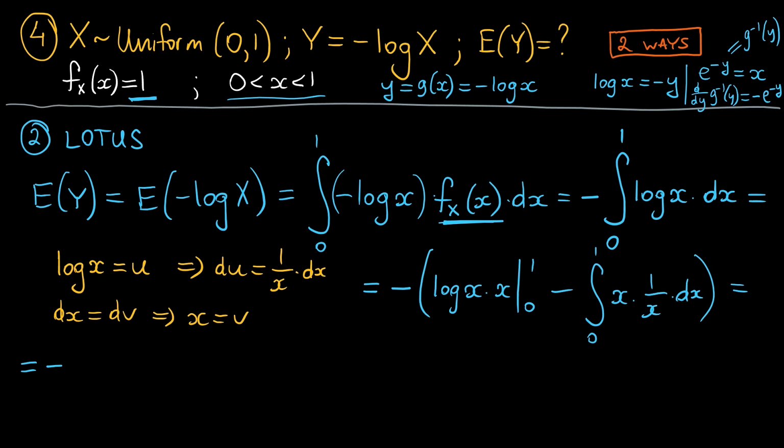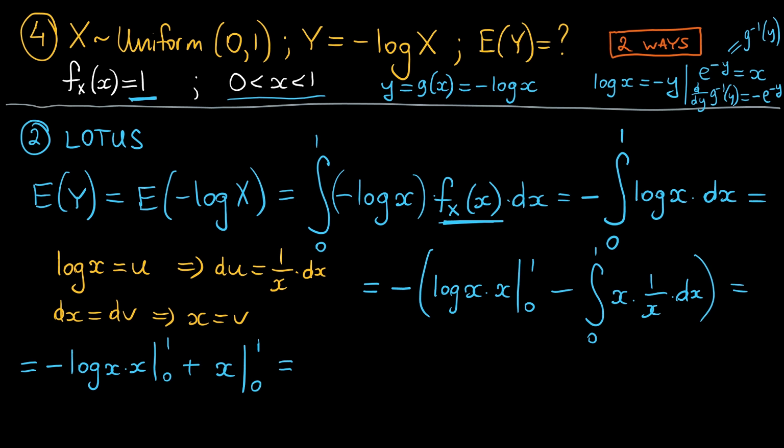Let's write this one more time. Minus log of x times x, evaluated from 0 to 1, and then we have a plus the integral of just 1, right? The integral of 1, which is just x evaluated from 0 to 1. And now we can do the substitutions.